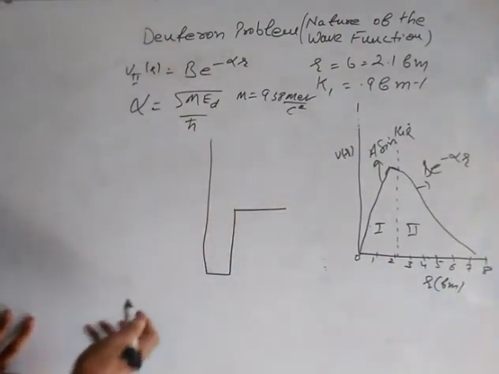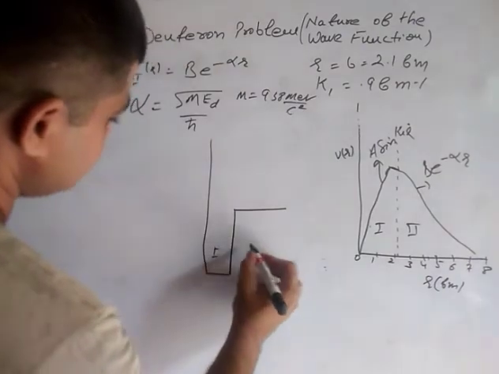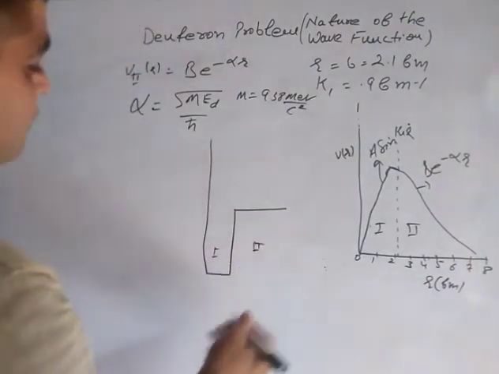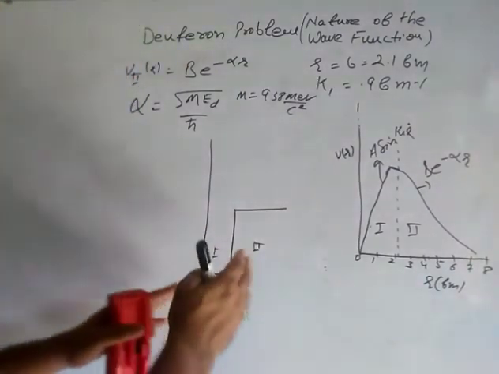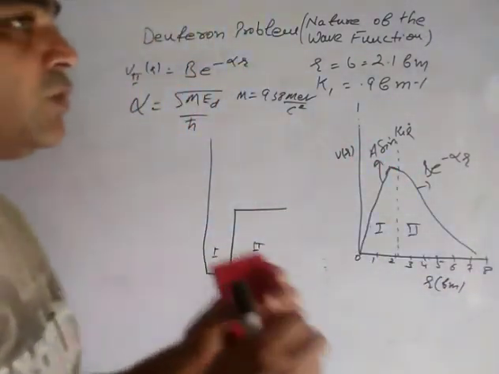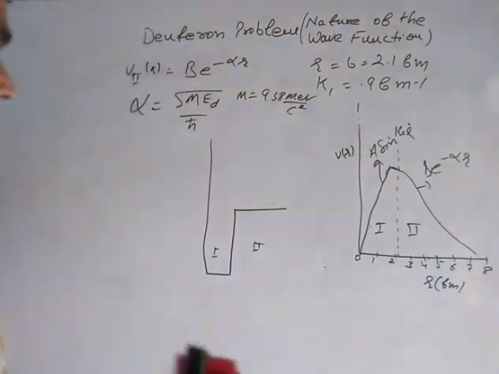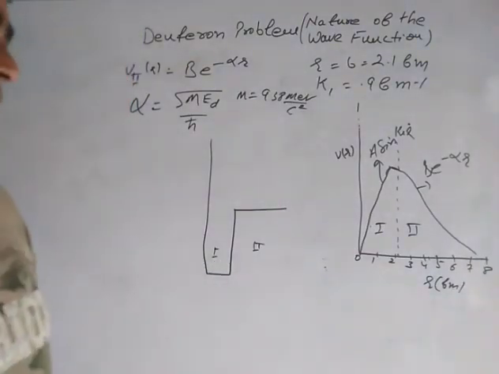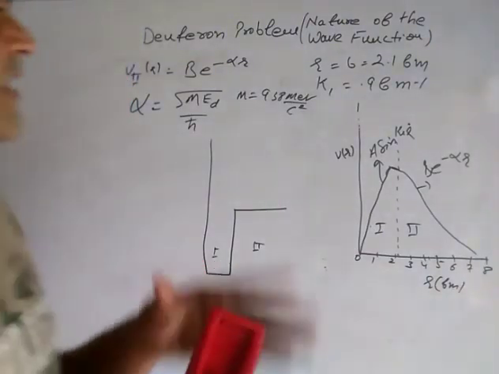This is potential region 1, this is potential region 2, and in region 2 we do not expect any wave function. But we find that the wave function extends in region 2. It means most of the time neutron and proton are separated by a distance much larger than the range of their nuclear interaction. It means it is a very weakly bound system.